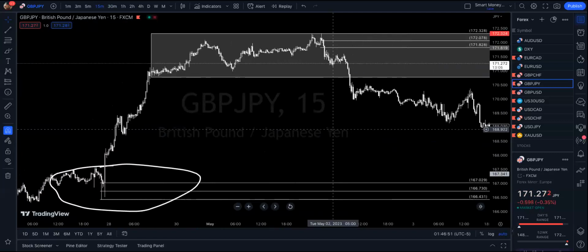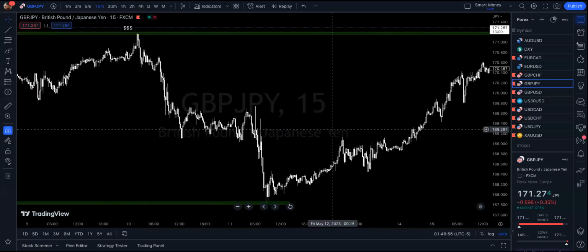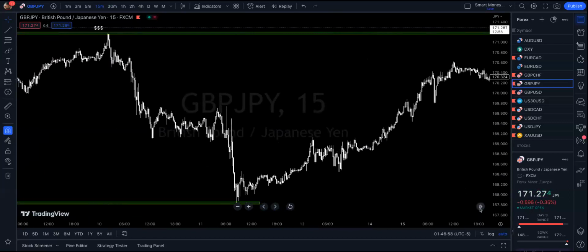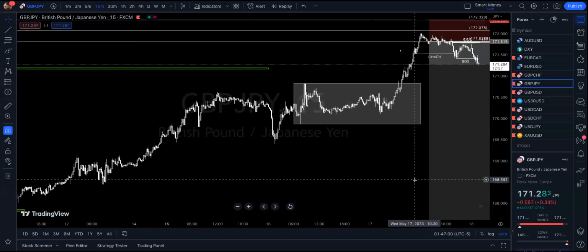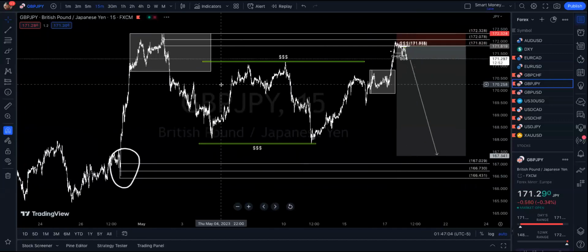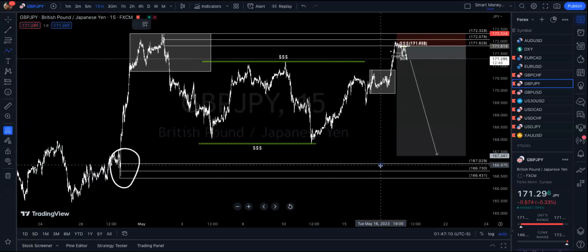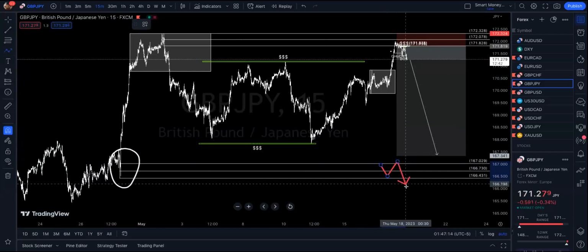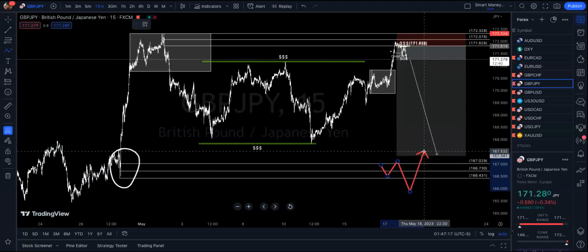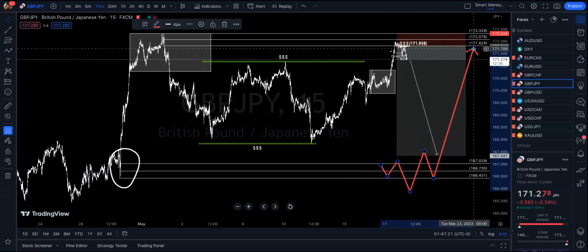It don't matter because what we look for, once price gets down in that zone, what do we look for? This is what we look for. Watch. Let me show you. In case y'all missed it, this is what we look for. This right here. You gotta look for boom, boom, boom, boom, boom, boom, and then boom, right?